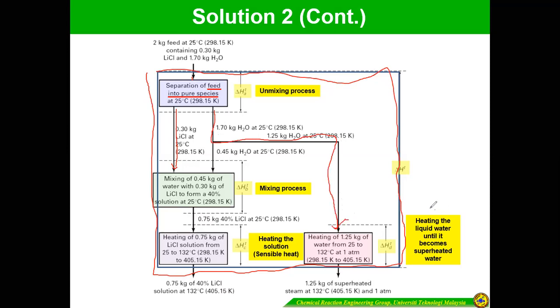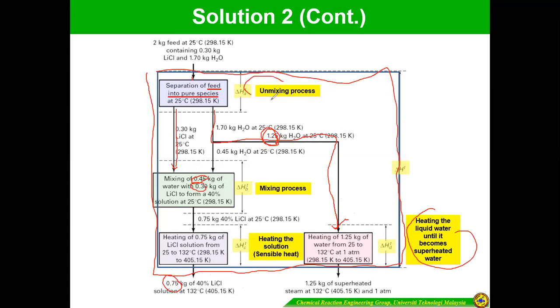The 1.225 is what you calculate from the mass balance. Similarly, the 0.5 is also from the mass balance, and the 0.5 is mixed with the 0.3 of the lithium chloride.